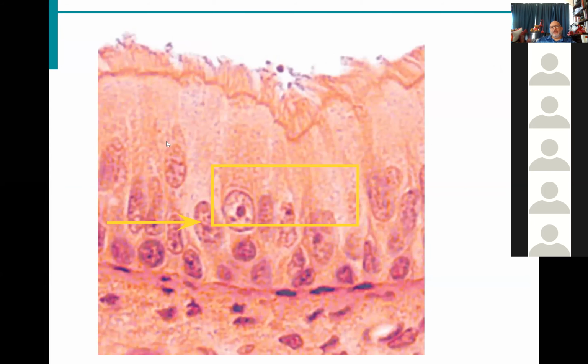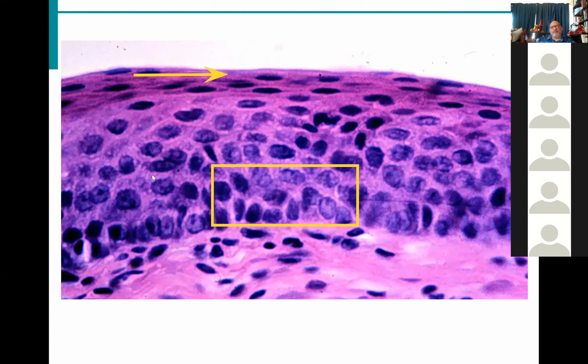But when we go here, we have this dead giveaway at the top, and that dead giveaway at the top are the cilia. Well, when we look at the apical surface of this, we have a dead giveaway as well. Notice we have a bunch of flat cells up here at the top. And if we have a bunch of flat cells up here at the top, guess what type of tissue this is?